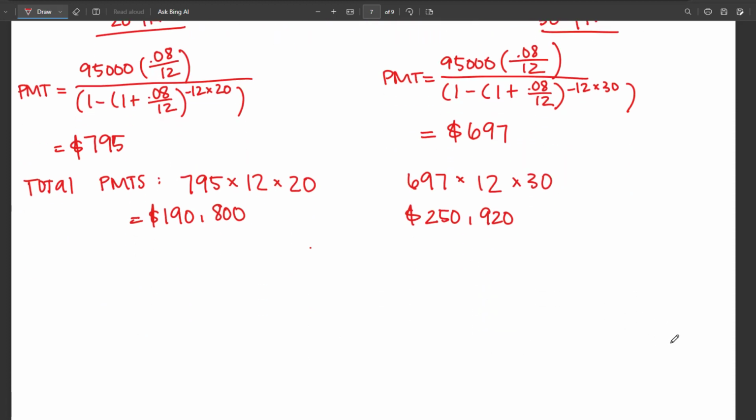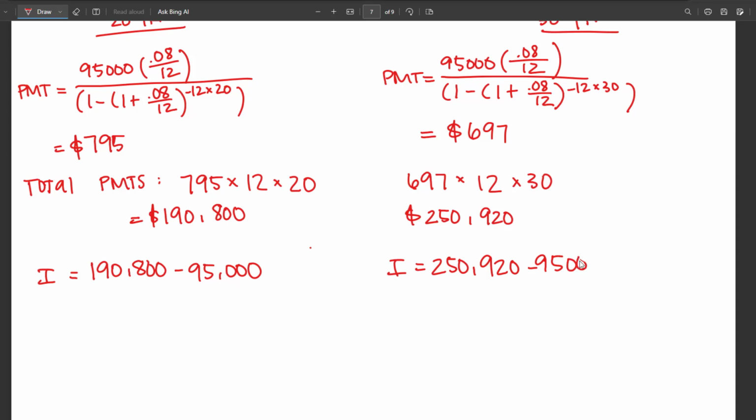So how much do we end up paying in interest? Our interest equals that total payment amount, $190,800, minus our loan amount of $95,000. And then over here we take the total payment of $250,920 minus $95,000.